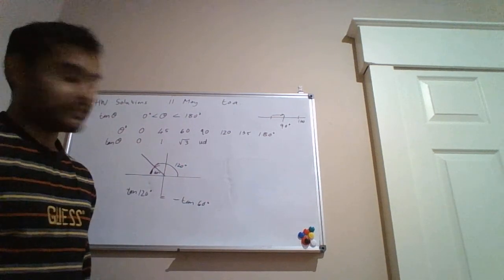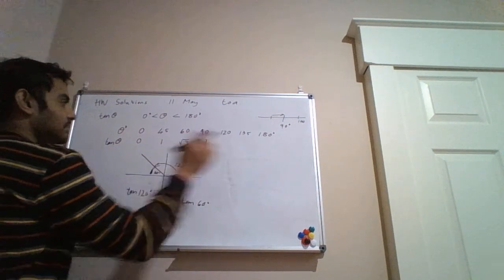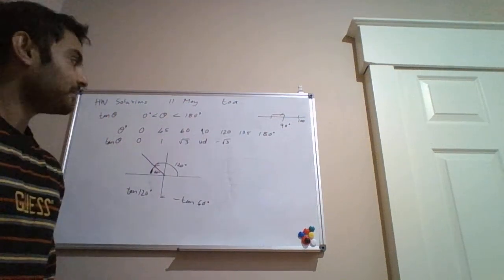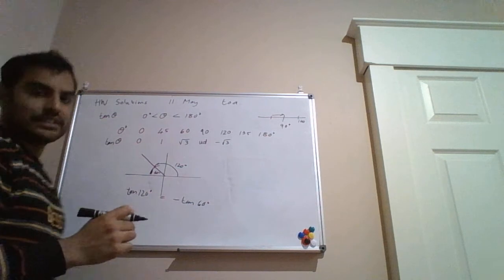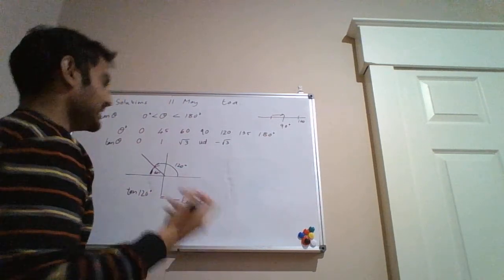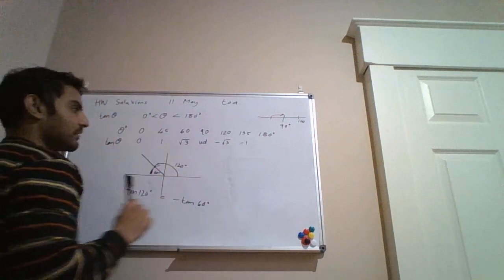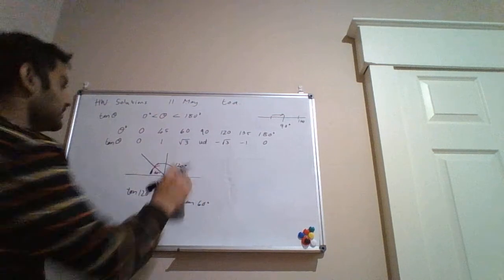Tan is negative in the second quadrant. So we worked out tan of 60 as root 3, and we just make it negative. Same story for 135: tan of 135 is the same as negative tan of 45, so it would be negative 1, and tan of 180 is 0.